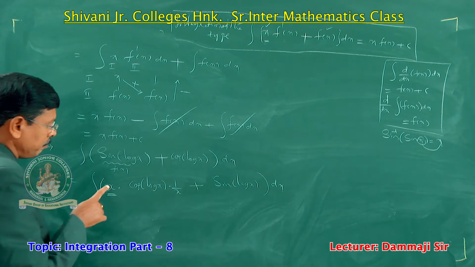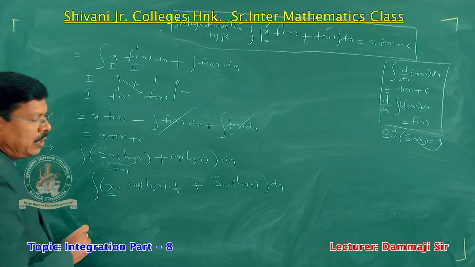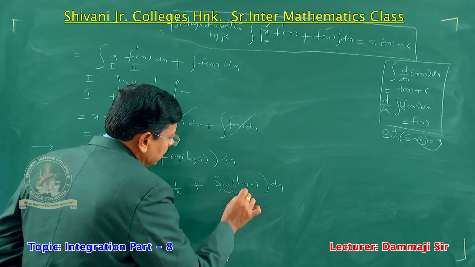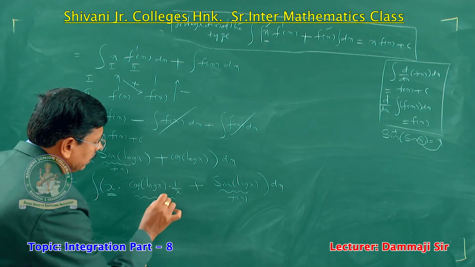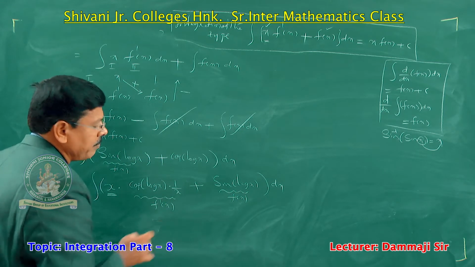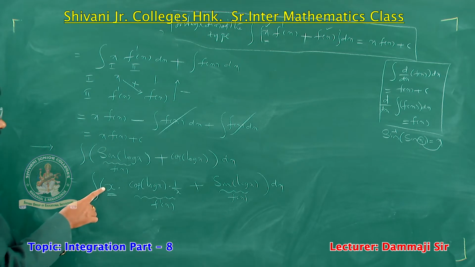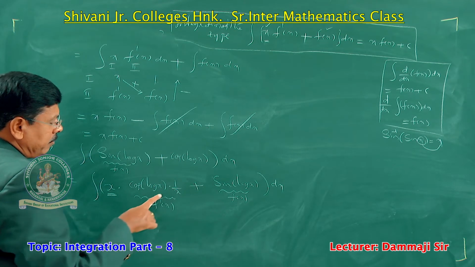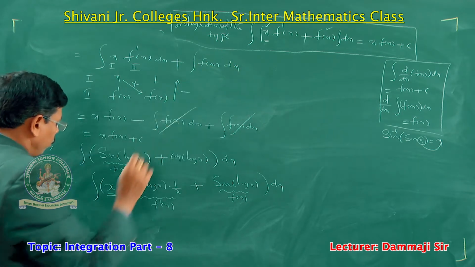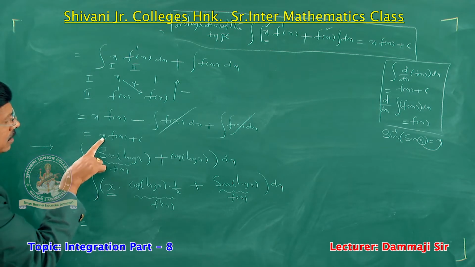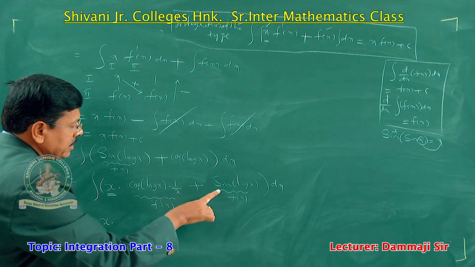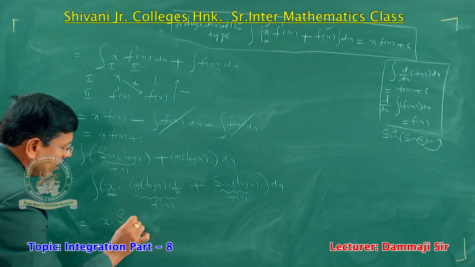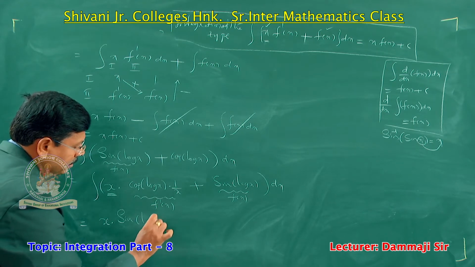Immediately multiply and divide with x. Now we have the result: treat the whole as f dash of x. Check, the x f dash plus f formation is there. We have the result x into f of x, where f of x is nothing but sin of log x. That's all, we will get the result.